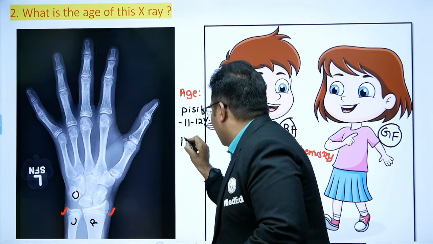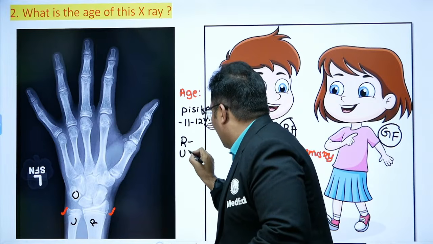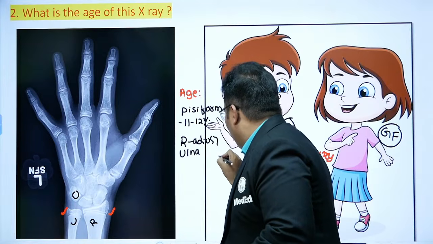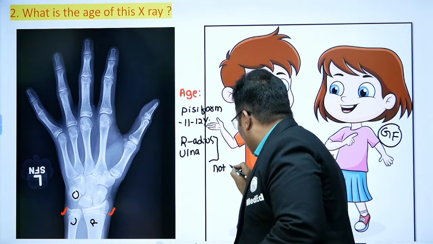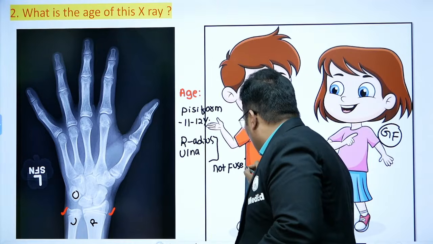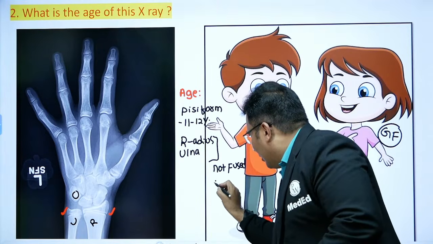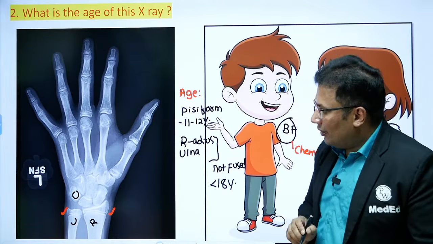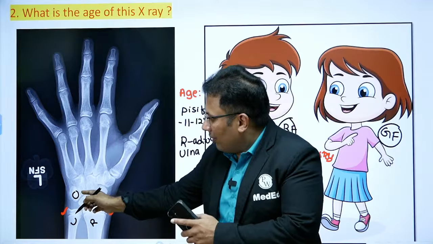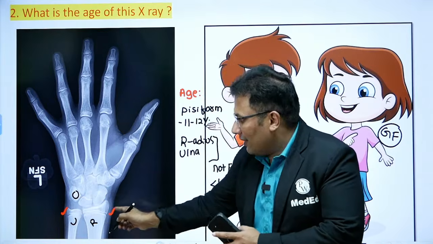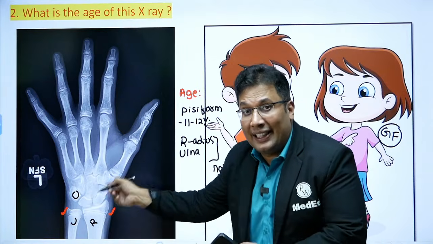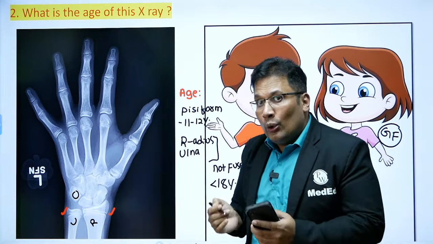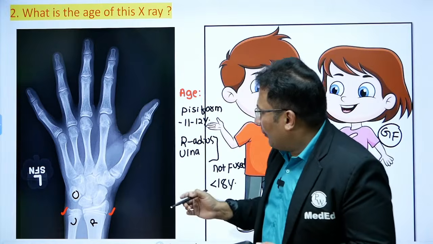So that means the radius and ulna are not fused. That means less than 18 years. You can see here the pisiform appeared, the radius and ulna appeared but not fused, so less than 18 years. Now also look at the lower end of the first metacarpal.